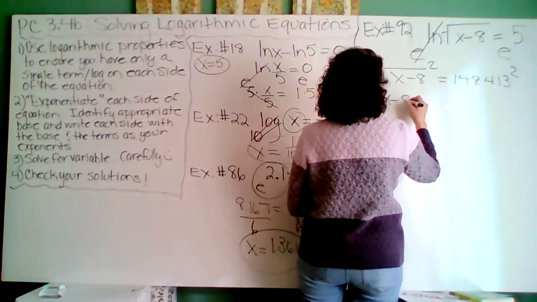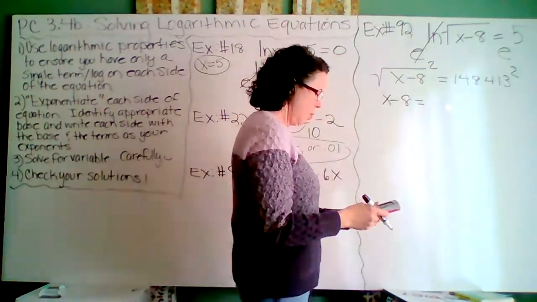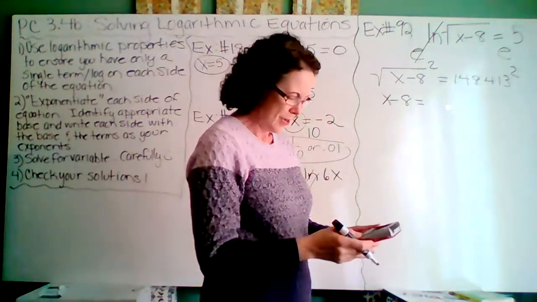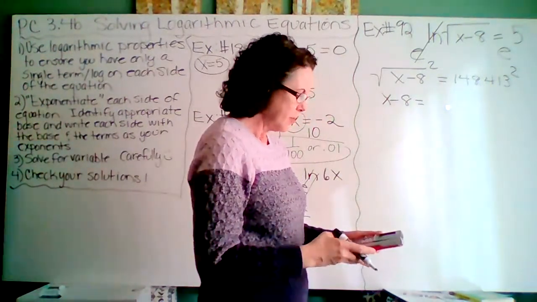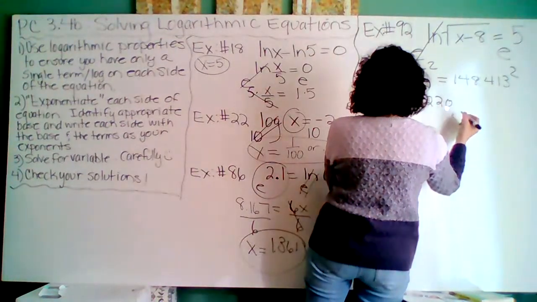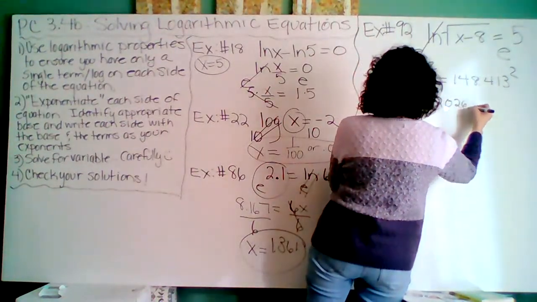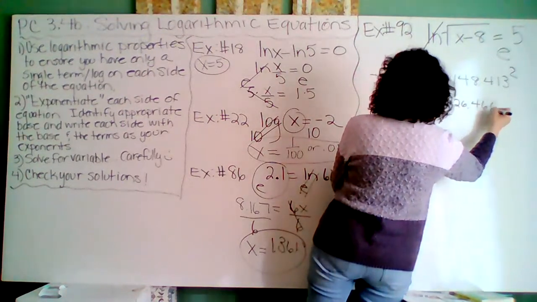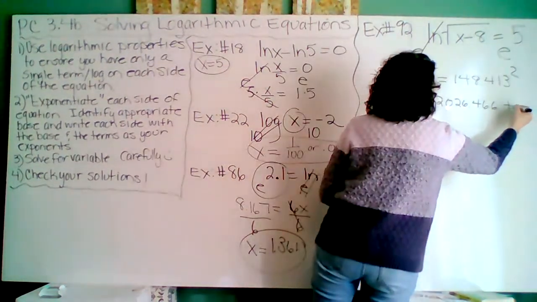And I get x minus 8 equals 148.413 squared. This is going to be a big number. Sometimes when you get big numbers, you think you did something wrong, when in fact you did not. That is 22,026.466, and we will add an 8 to that.